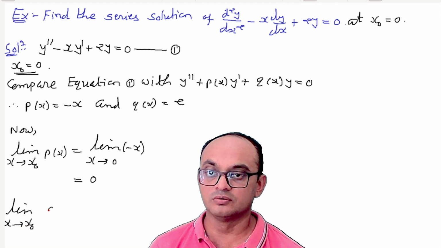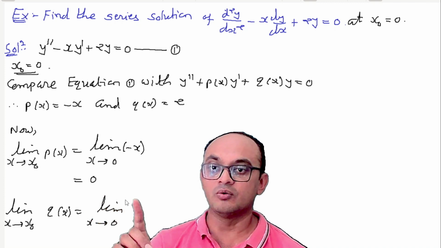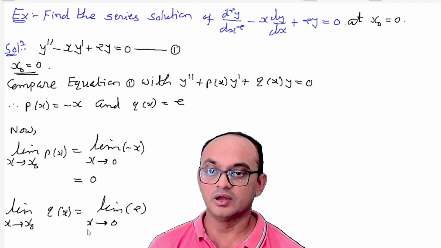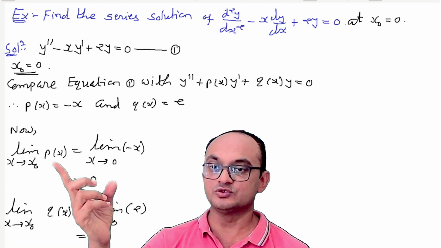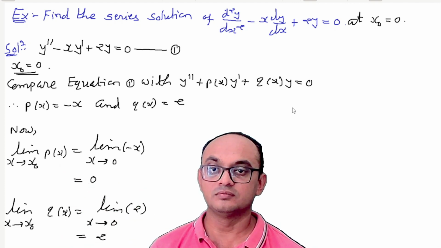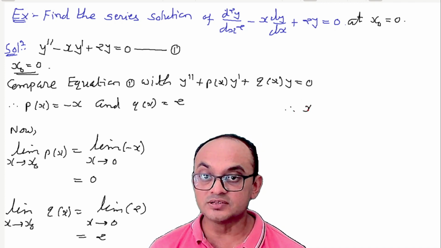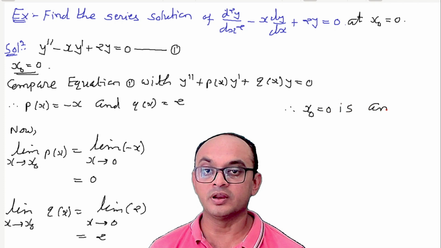Limit x tends to x0, which is 0, of q(x), and q(x) is equal to 2, so this is equal to 2. So both limits, limit x tends to x0 of p(x) and q(x), exist. Therefore, we can say that the point x0 equal to 0 is an ordinary point.